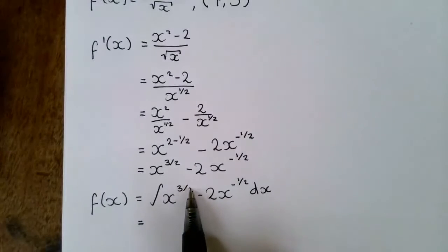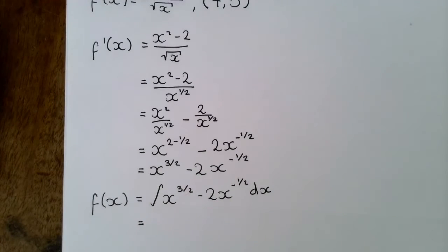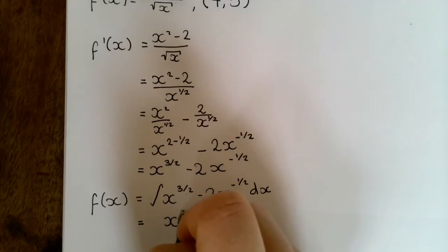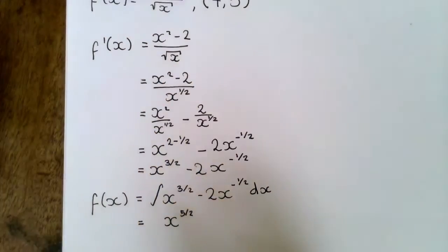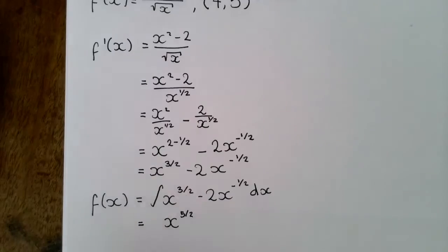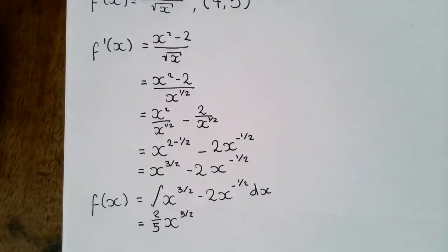I'm going to add 1 to the power and then divide it by that power. So 3 halves plus 1, that is 5 halves. And then I'm going to divide this term by that power. So that becomes 2/5 x to the power of 5 halves.